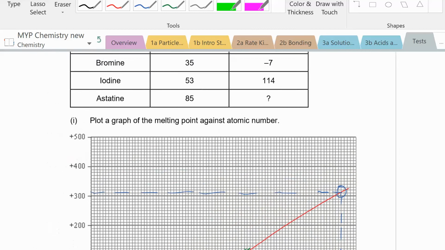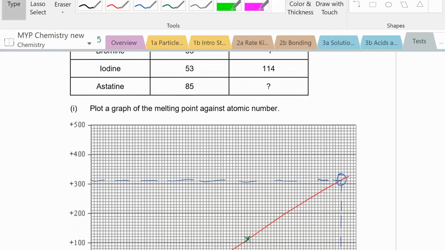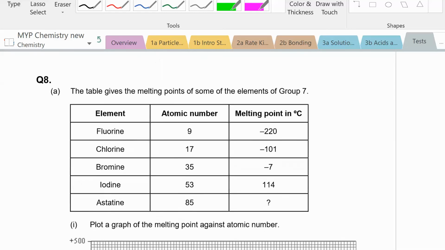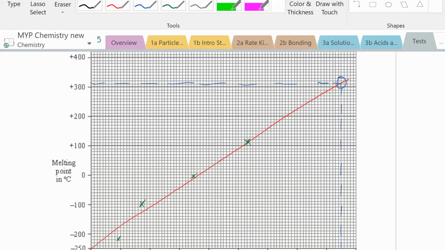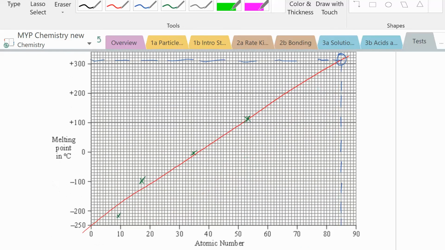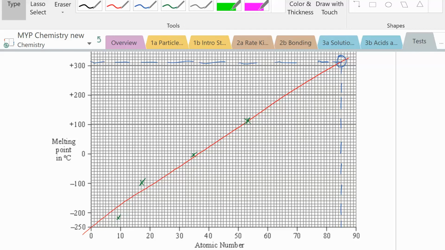Question 8. So you had to plot a graph, you got marking points, they had to be within half a box, so it should look something like this, and then your line of best fit, it could be a curve, however it can't be dot to dot.